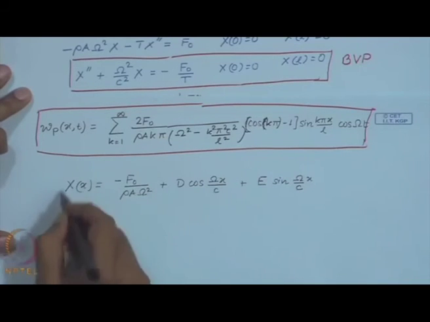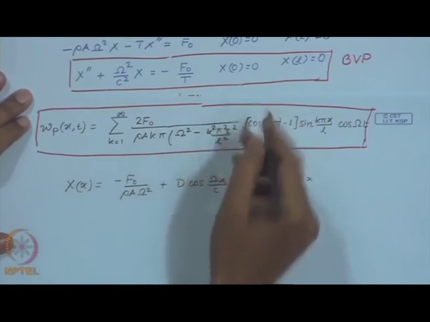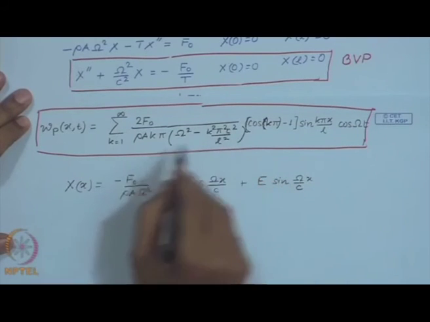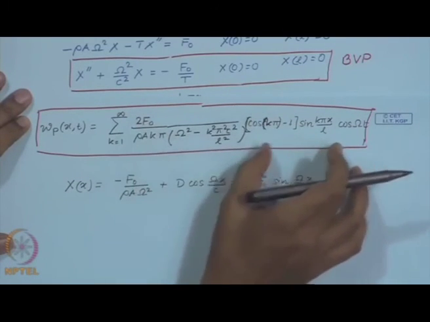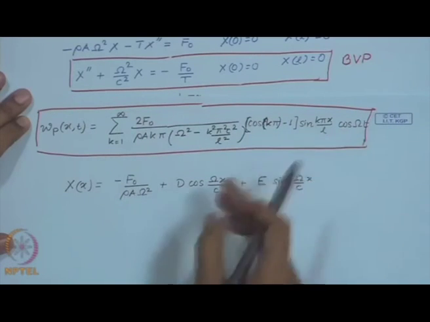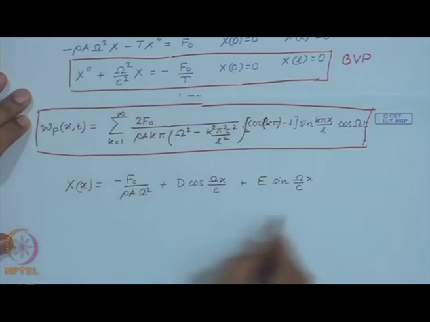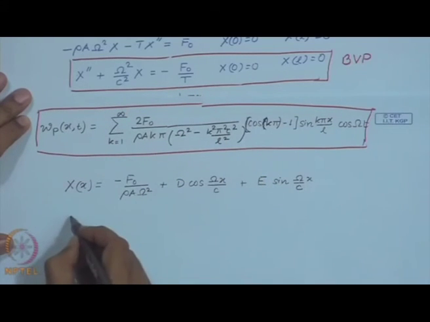Now, see here in the previous solution we did not have to worry about the boundary conditions because we have expanded in terms of the eigenfunctions which already satisfy the boundary conditions, but now we have solved this exactly. Now, we have to satisfy these boundary conditions.